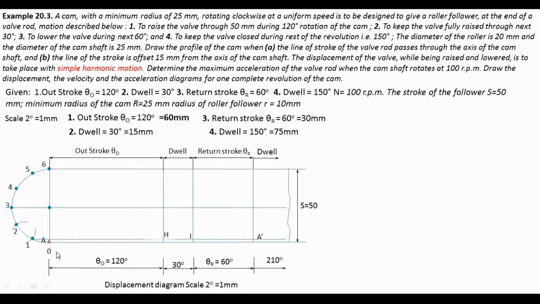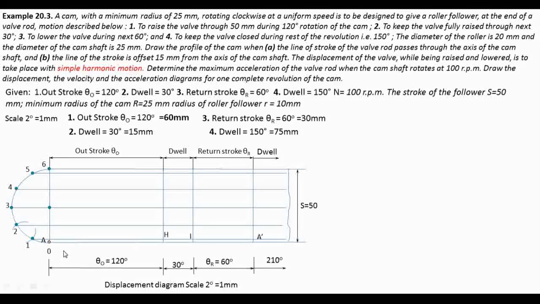So the next step is I am going to draw the horizontal lines parallel to the base line. Okay, so let us draw the parallel lines. The next step is we need to divide the outstroke and return stroke into 6 parts. You can divide into 8 parts also, but 6 parts are sufficient here.